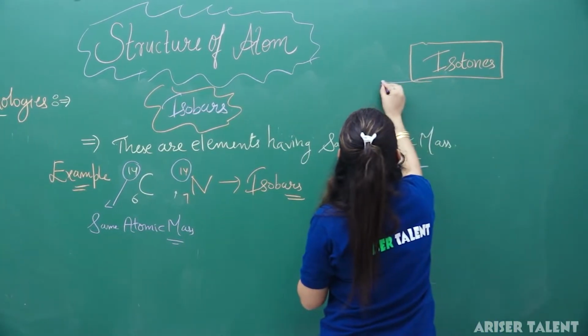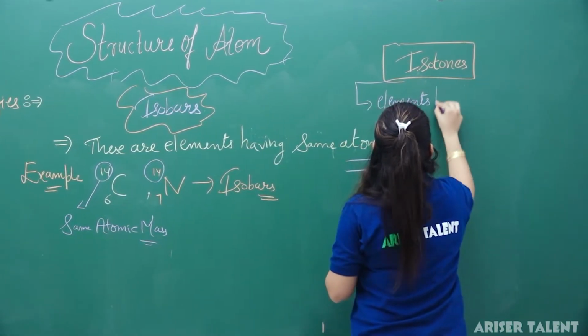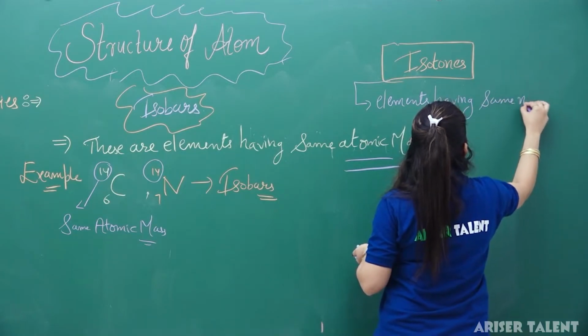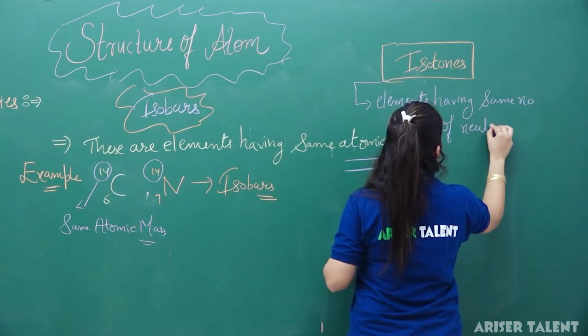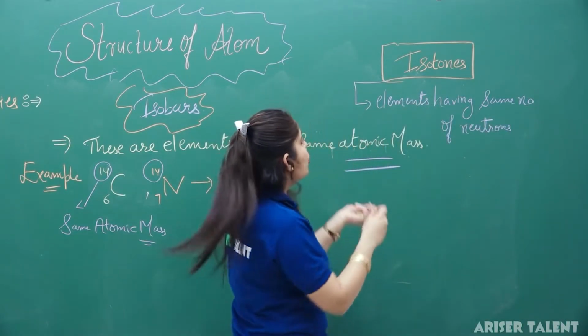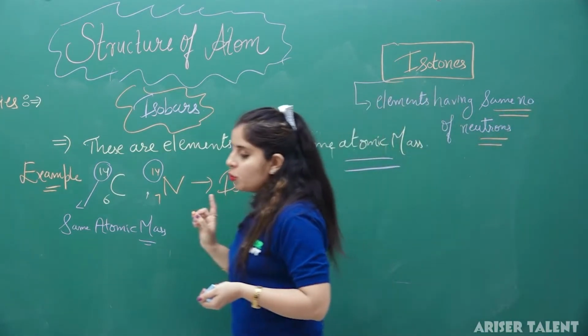Isotones means elements having the same number of neutrons. So if the number of neutrons is the same, these are considered in the category of isotones.